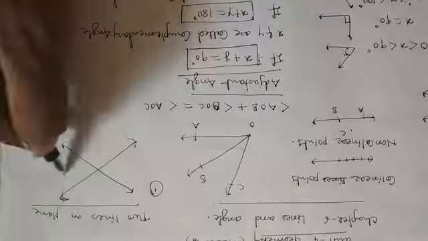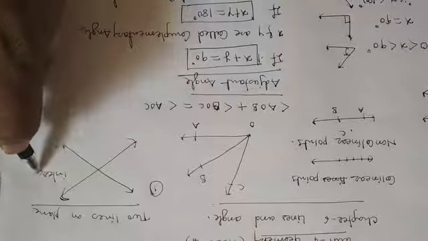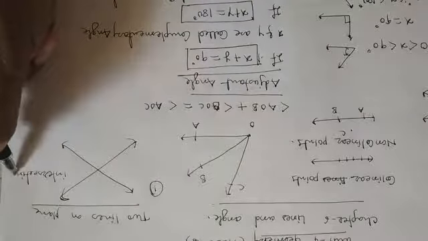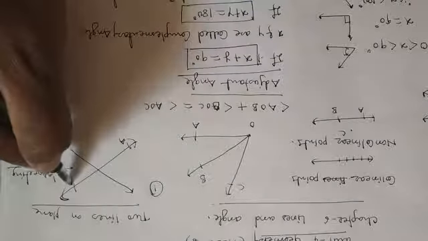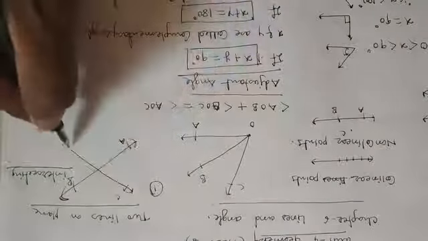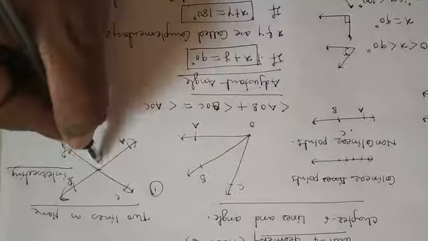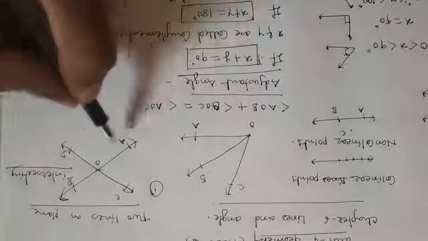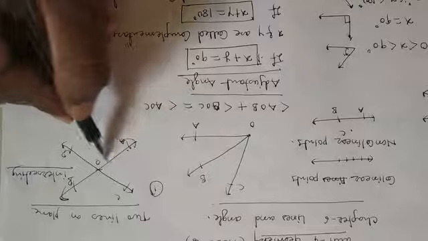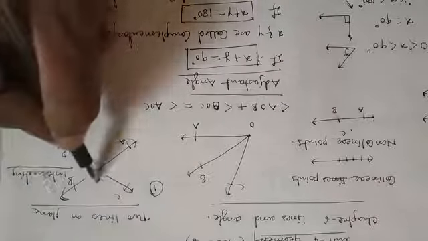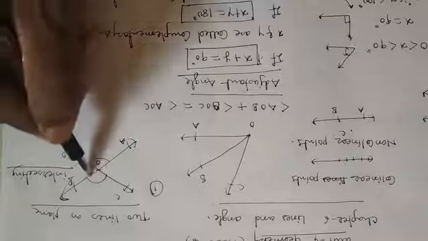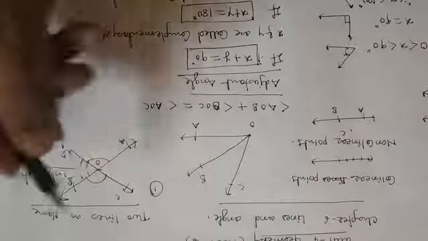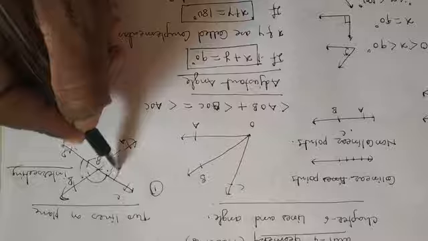Suppose lines AB and CD intersect at point O. Then there are four angles: angle AOD, angle BOC, angle BOD and angle AOC.